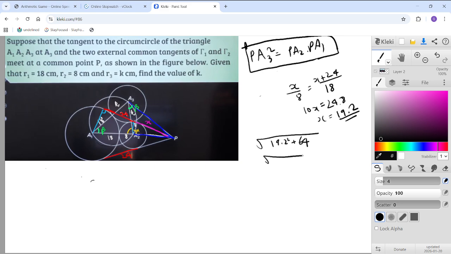You can calculate 19.2 square, but you can also see that this is double of 6, so I can have it like 6 times 32 over 10, the whole square. You can have some cuttings, 3, 5, and then it doesn't cut, but 3 times 32 is 96, so (96 by 5) square plus 64.